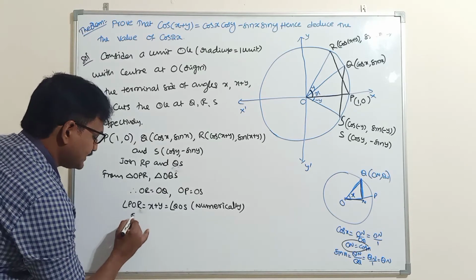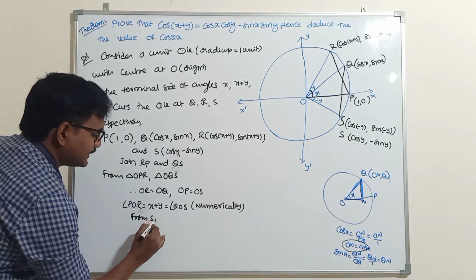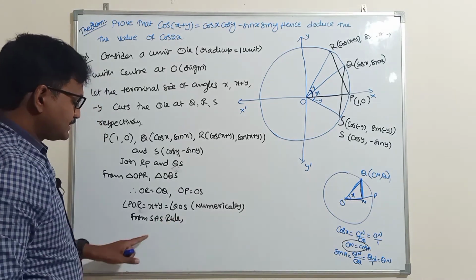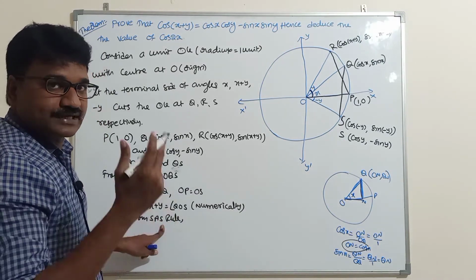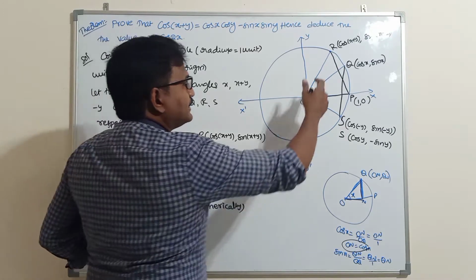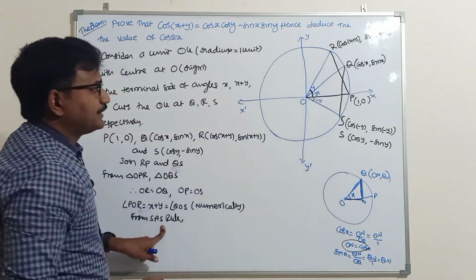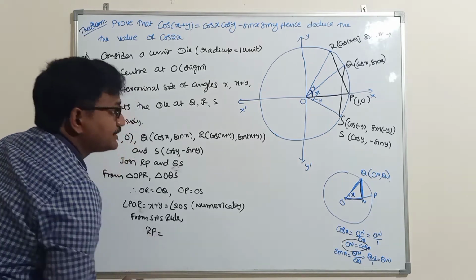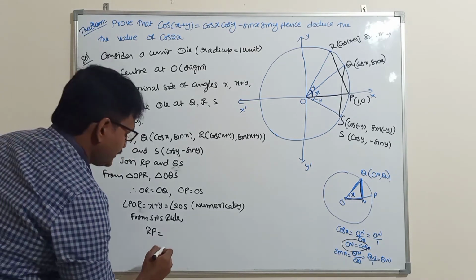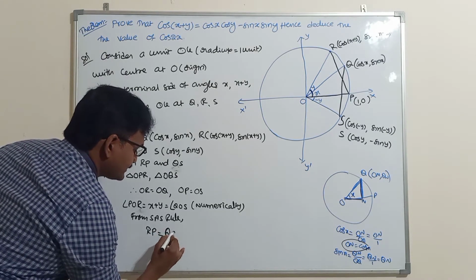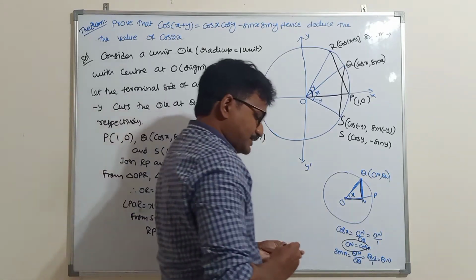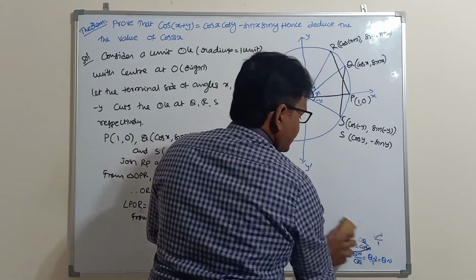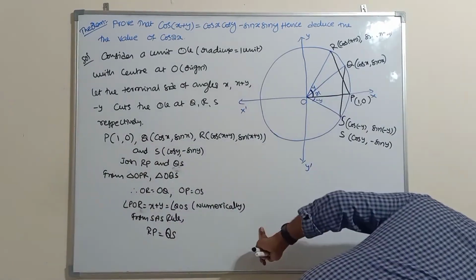So, from the SAS rule, side, angle, side, 2 sides and 1 angle are equal, then the third side is also equal. That means RP is equal to QS. The distance between R and P and the distance between Q and S, both are equal. So we know that.